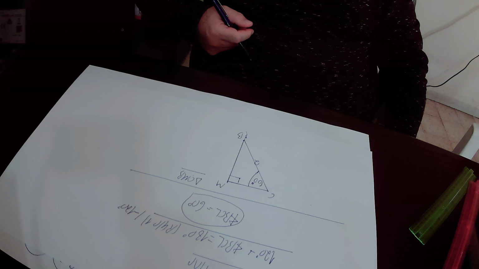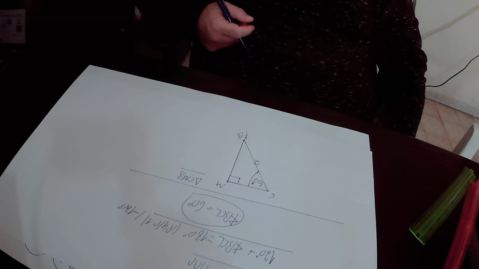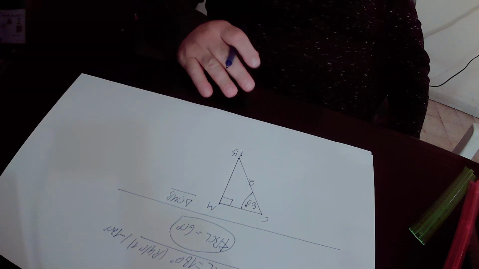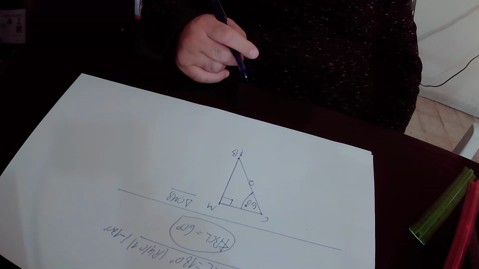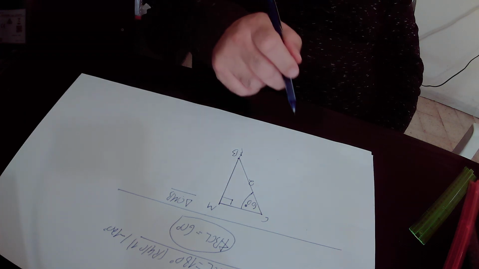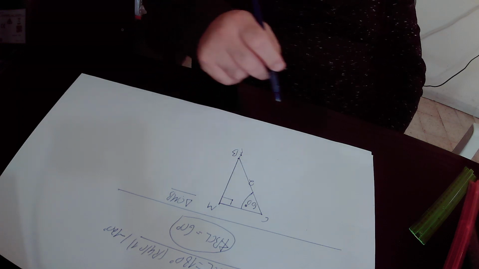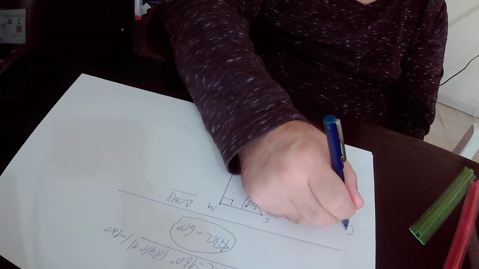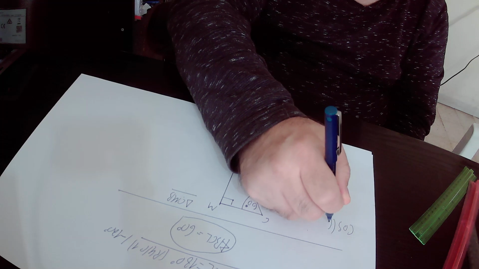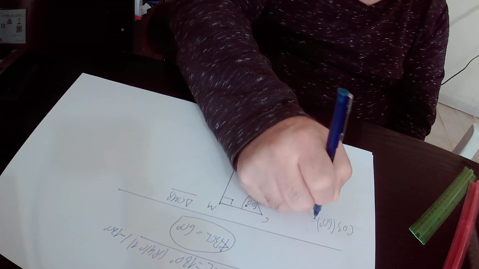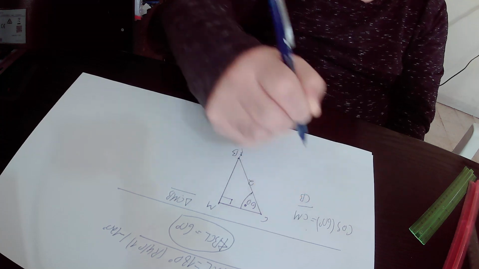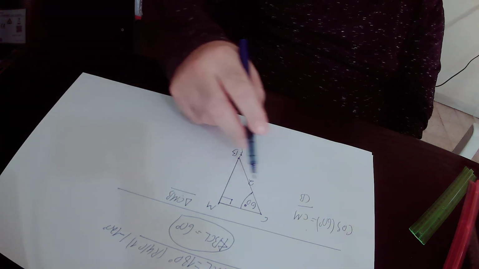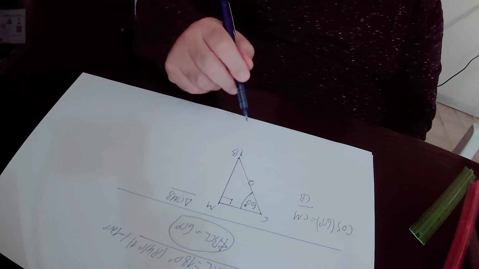So in this right triangle, triangle CMB, cosine 60 degrees equals CM over CB, the hypotenuse.